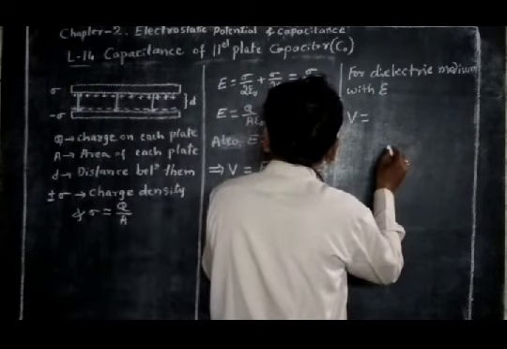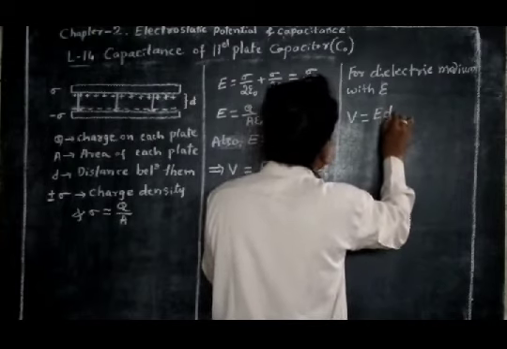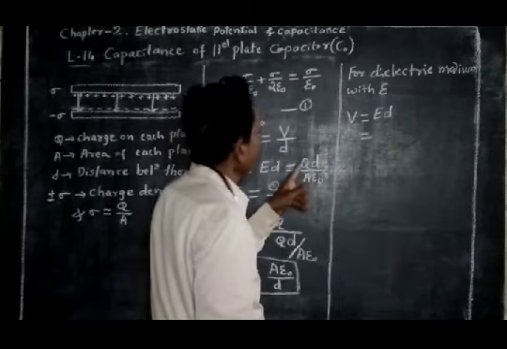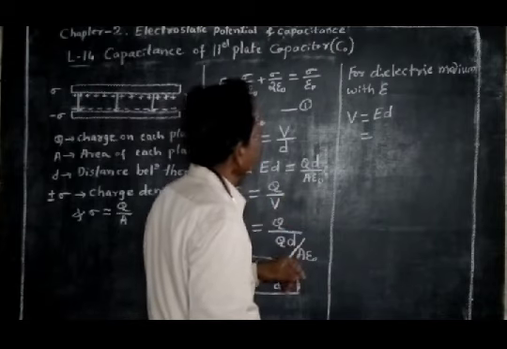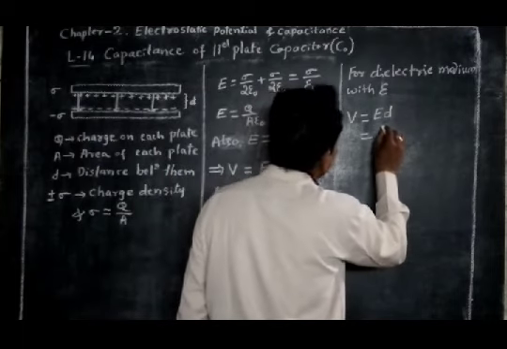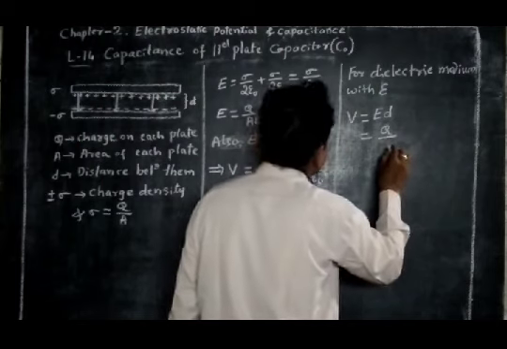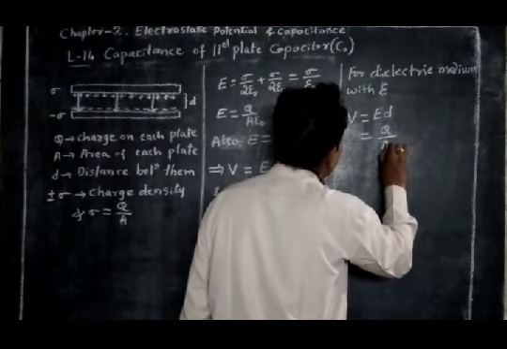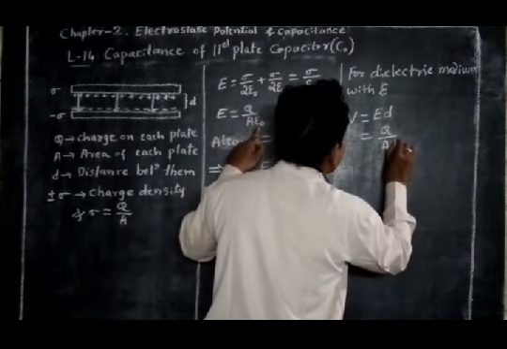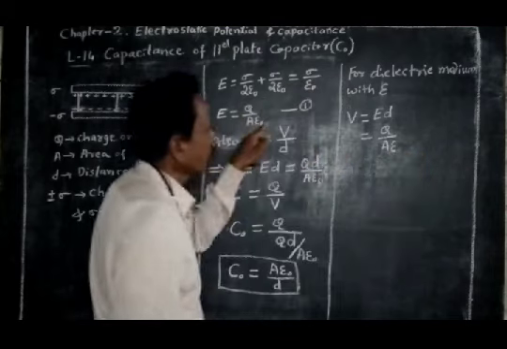Here E equal to Q upon A epsilon naught for air, and E equal to Q upon A epsilon, where epsilon is the permittivity of the dielectric medium.